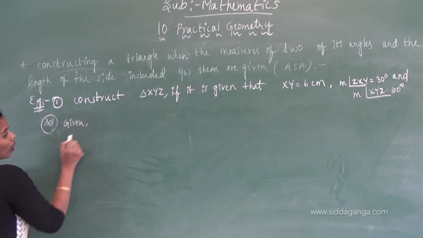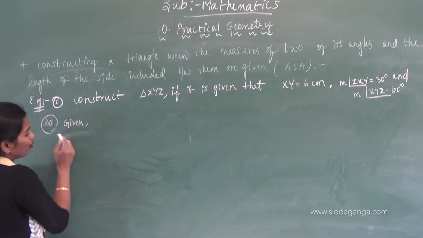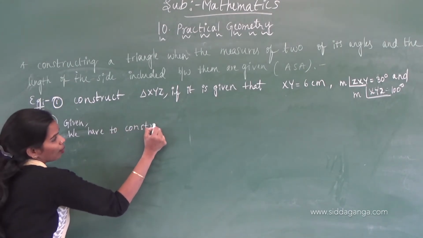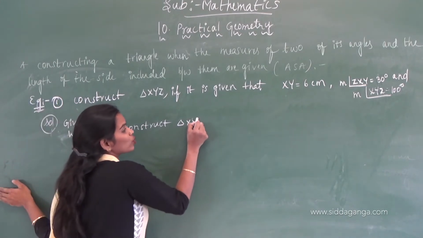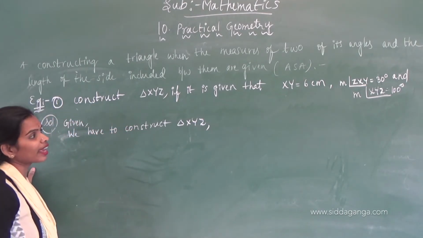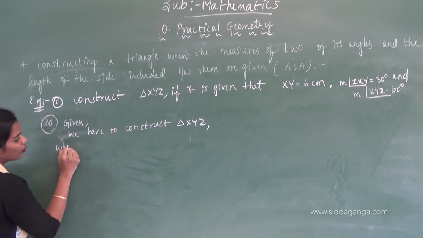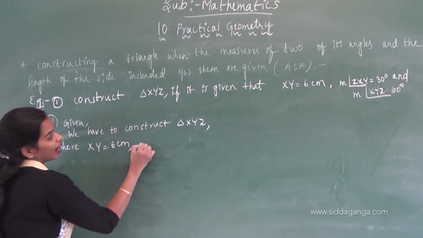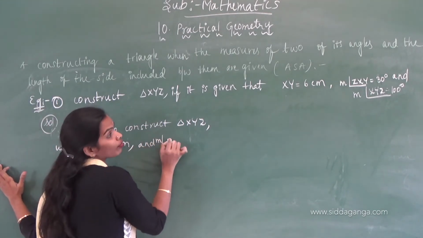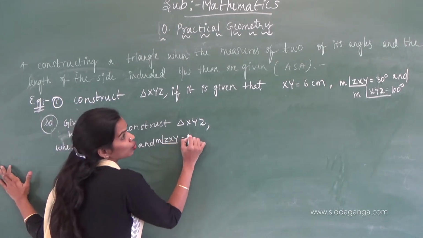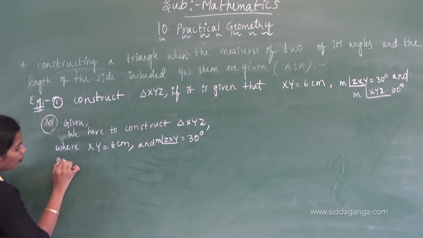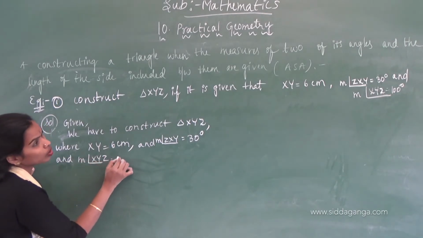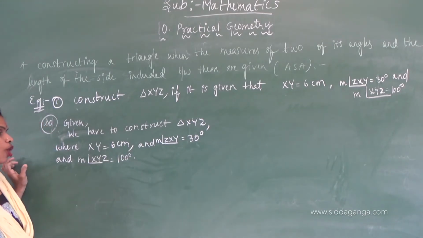Given: we have to construct triangle XYZ, where XY equals 6 centimeters, measure of angle ZXY equals 30 degrees, and measure of angle XYZ equals 100 degrees.